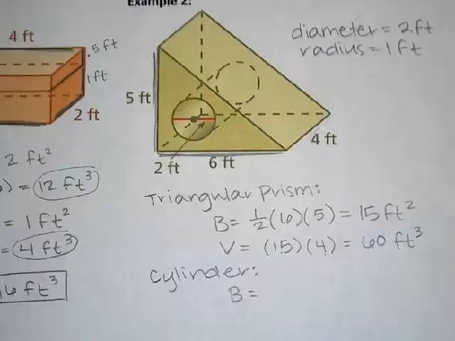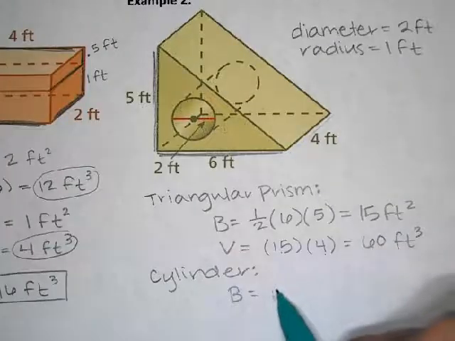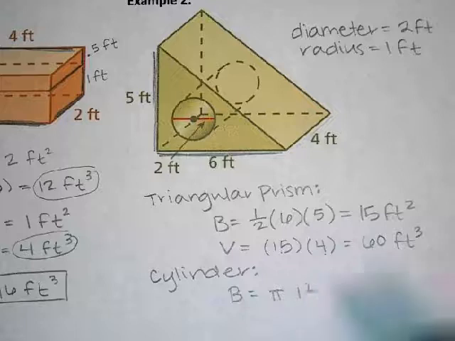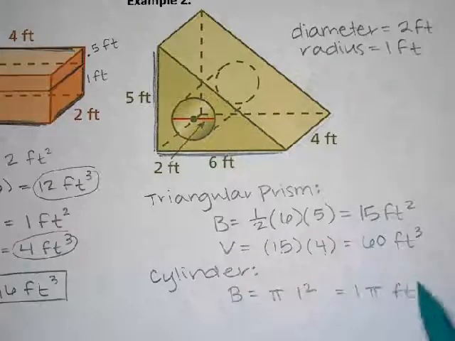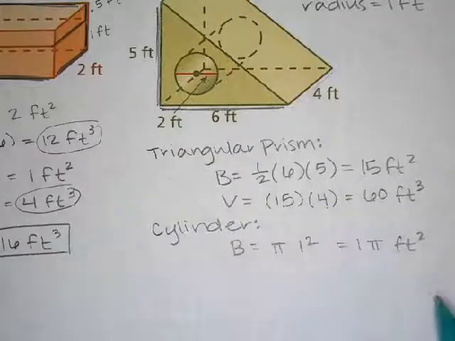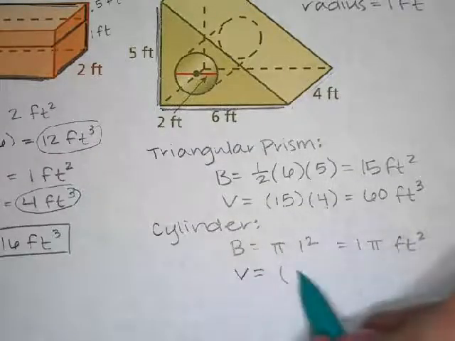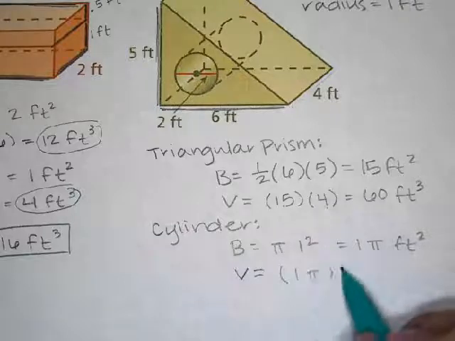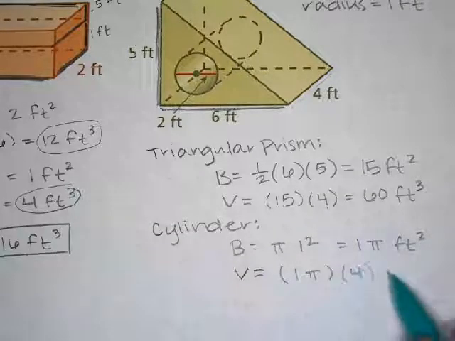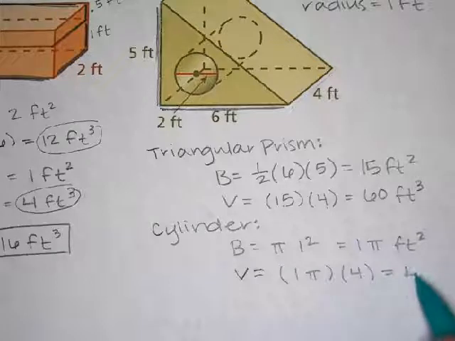And so when I find the area of the base, I'm going to do pi r squared, which is just 1 pi feet squared. And then to find the volume, I'm going to do the area of the base multiplied by the height. And so we get 4 pi.